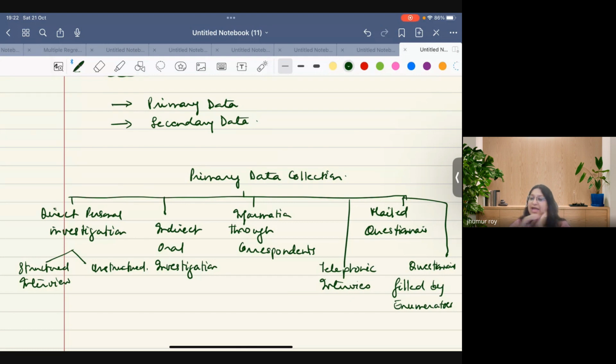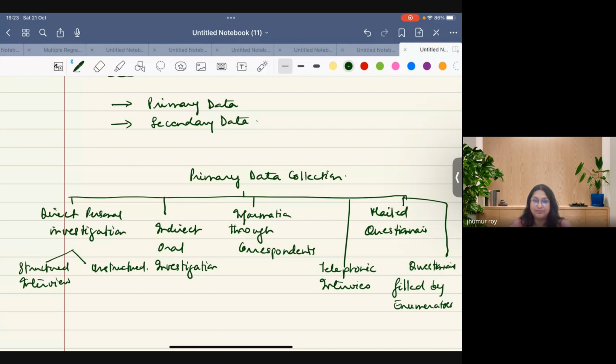Okay. Then we have the mailed questionnaire method. The mailed questionnaire method is sometimes not a very efficient method. Nowadays it is very effective. I will come to that. See, earlier what used to happen is, when we had the mail questionnaire method, we would make a questionnaire and send it by post. Now the person had to sit down, answer all those questions, and mail it back.